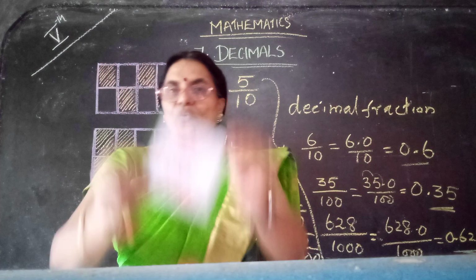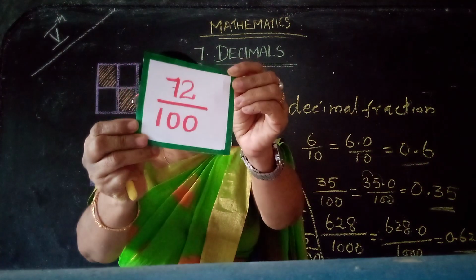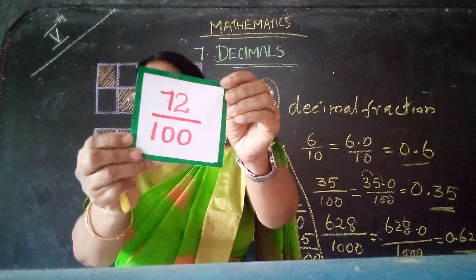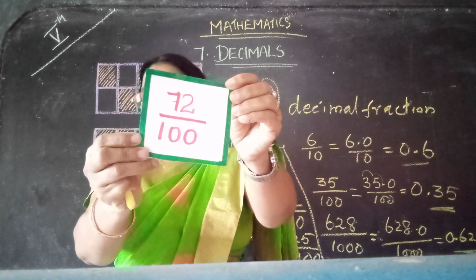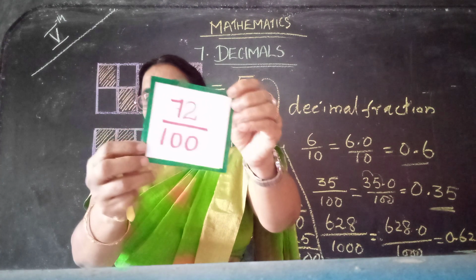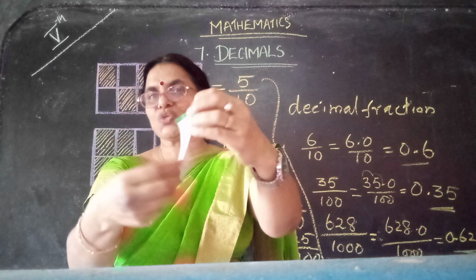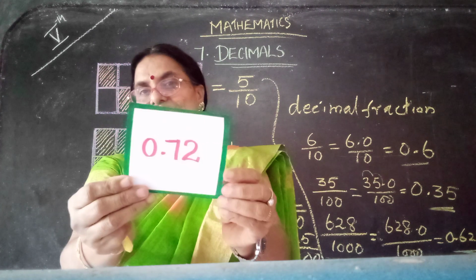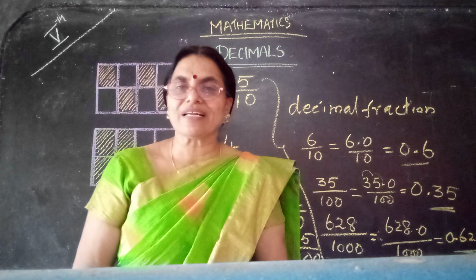See here. What is this? 72 by 100. How can you write it as a decimal? Say children, say loudly. Yes. What is the answer? 0.72. Is it interesting children?